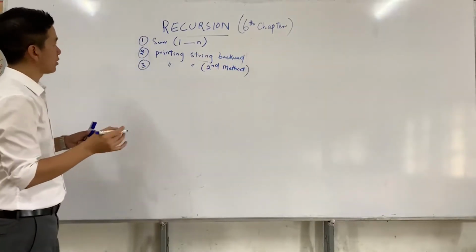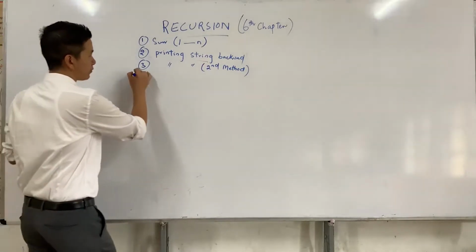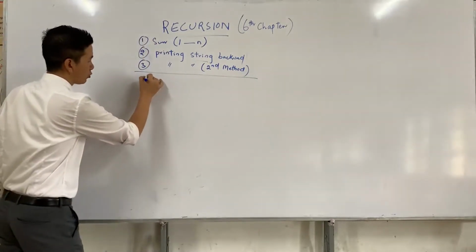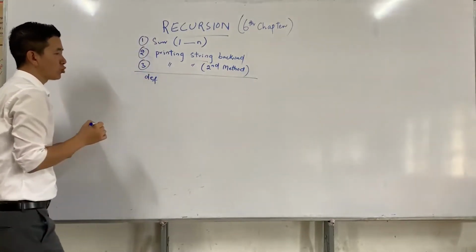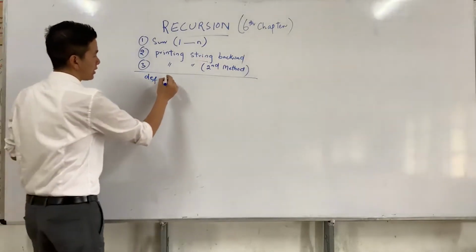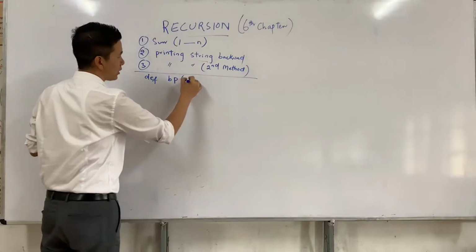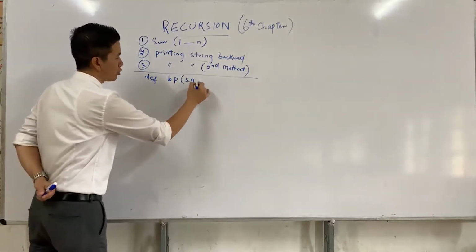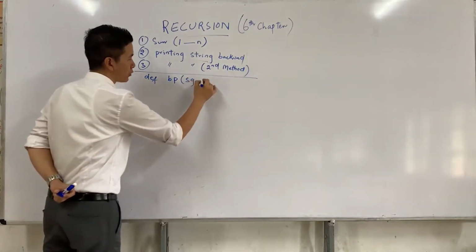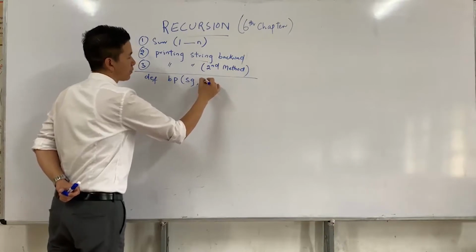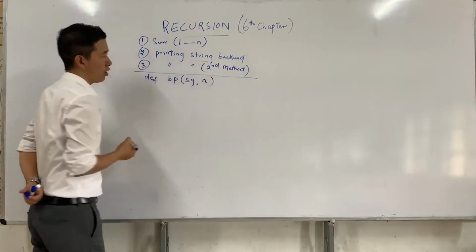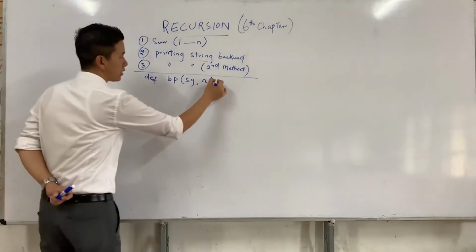So let's come up with the program itself. As usual, I'll have the function definition, the name of which will be BP, and then you will have the same string argument S and the length of the string stored in the variable N. Alright?